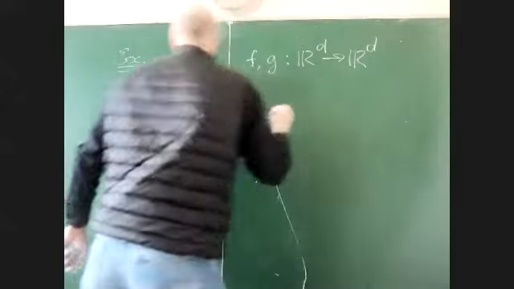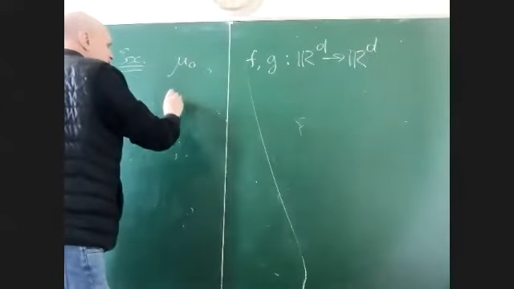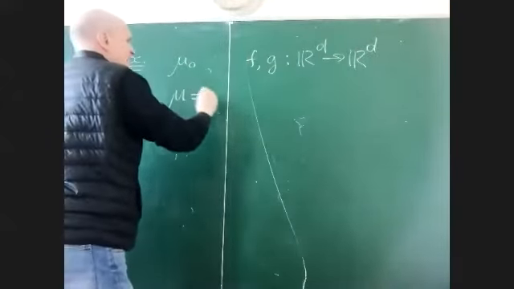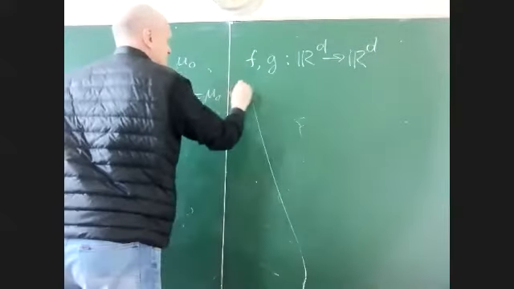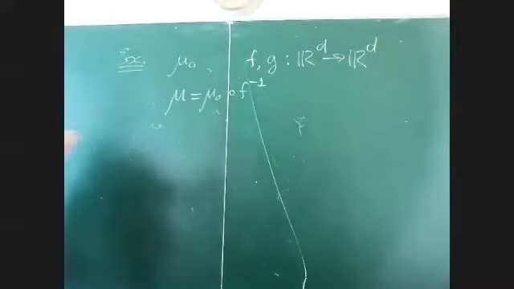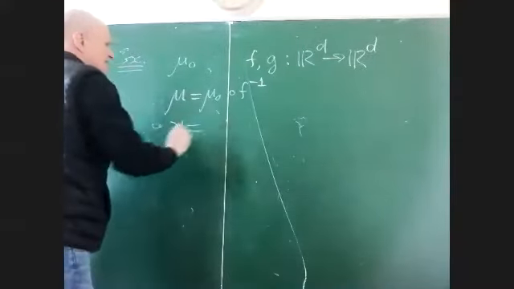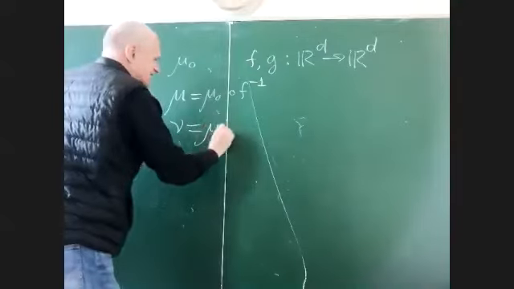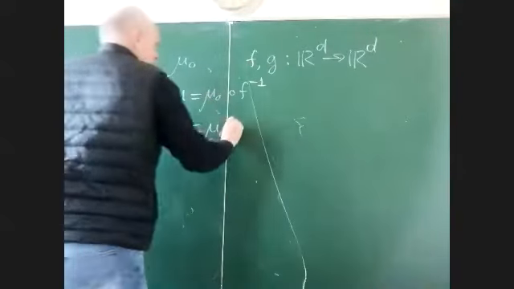Then one can define the measure mu as the image of mu_0 under f, and one can define the measure nu as the image of the same distribution mu_0 under g.